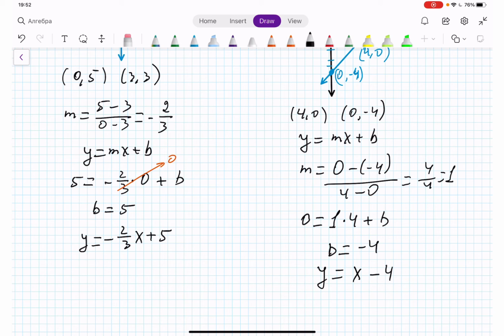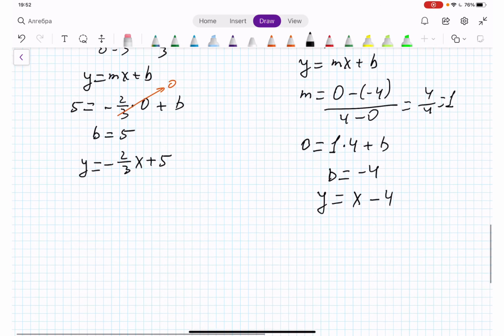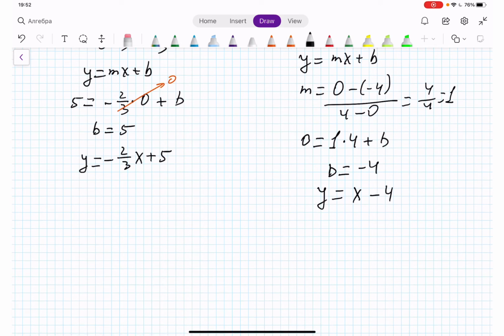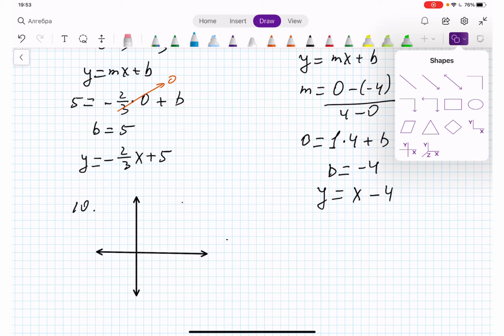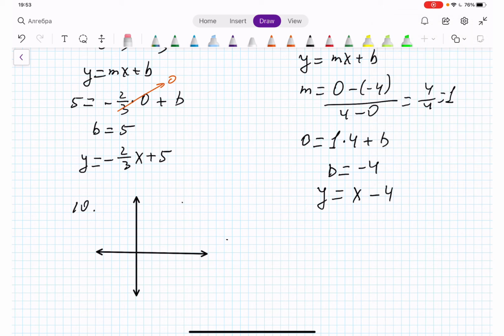Number 10. We have the following graph, going through 0, okay?